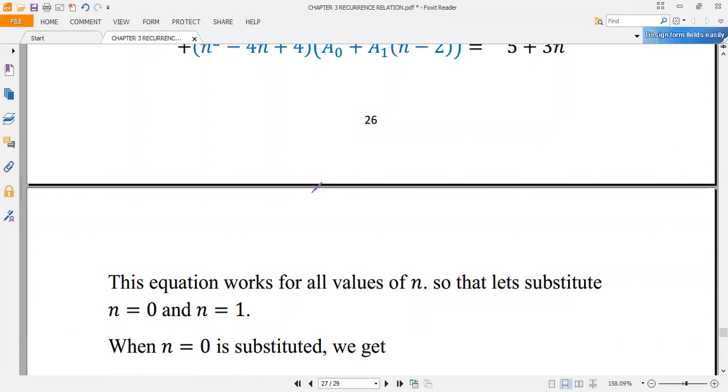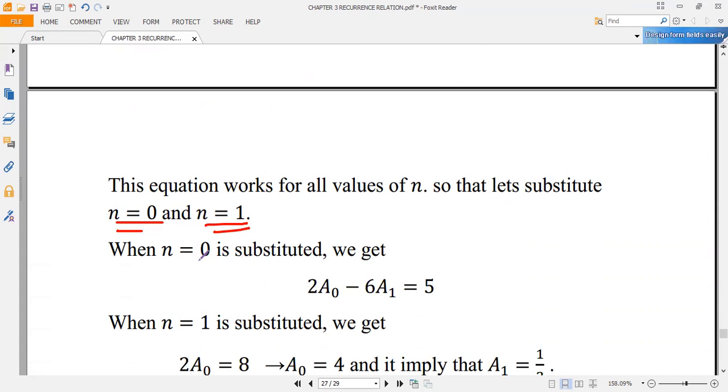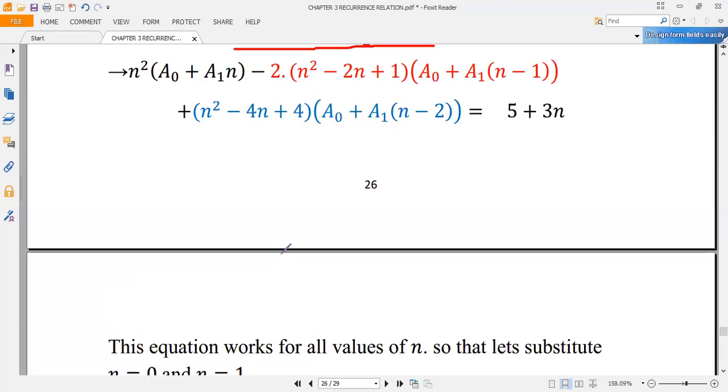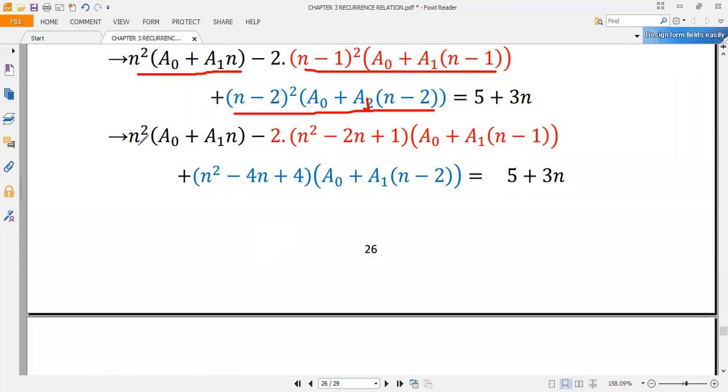This equation works for every value, so let's substitute n equal to 0 and n equal to 1. When n is equal to 0, this term becomes 0. What's left is 8 minus 2 times a1. This term becomes 0.